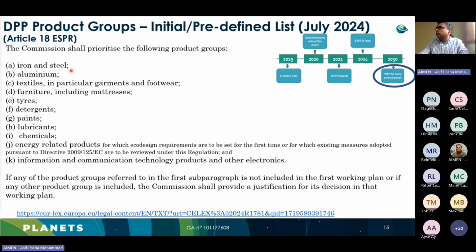They are iron and steel, aluminium, textiles, in particular garments and footwear, furniture, mainly mattresses, tires, detergents, paints, lubricants, chemicals, and energy-related products, and ICT, information and communication technology products.